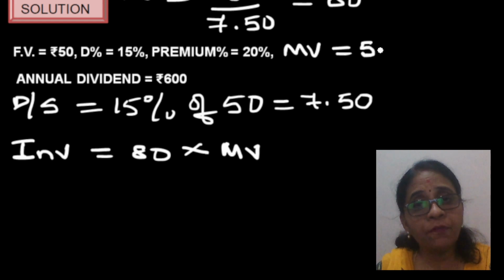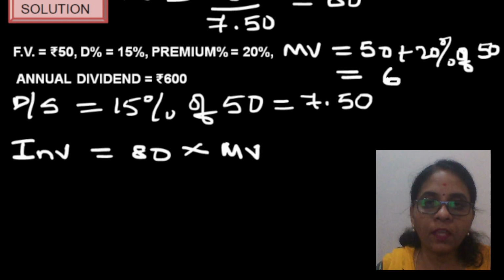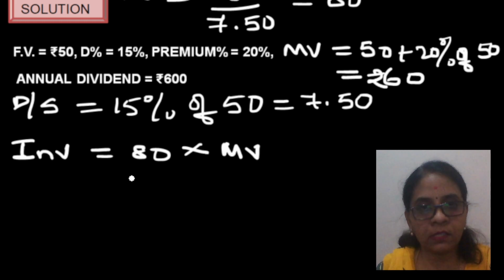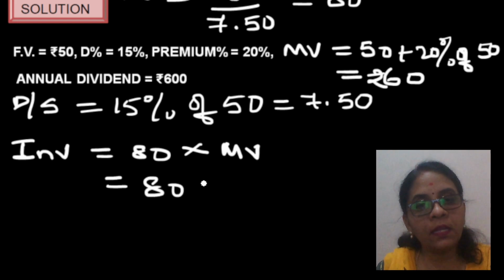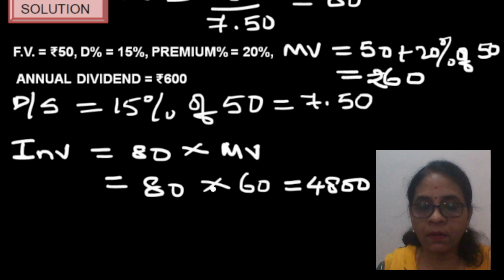It becomes 50 plus 20% of 50, which is nothing but 60 rupees. So the market value is 60 rupees and investment is equal to 80 into market value 60, which is equal to 4,800.